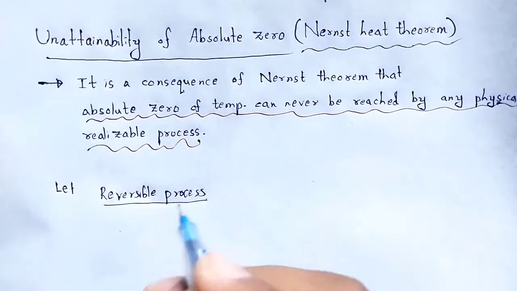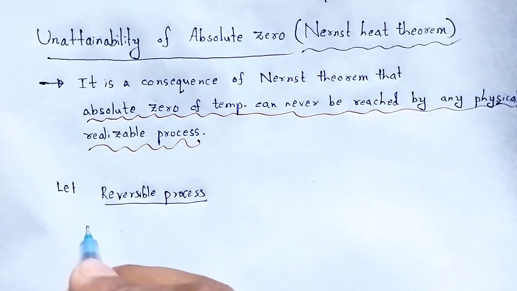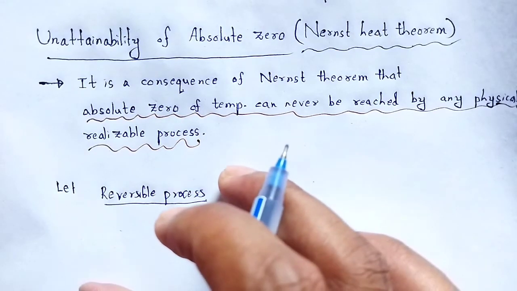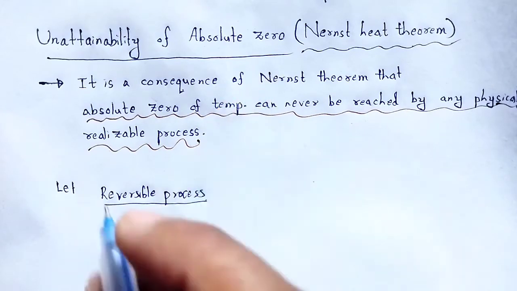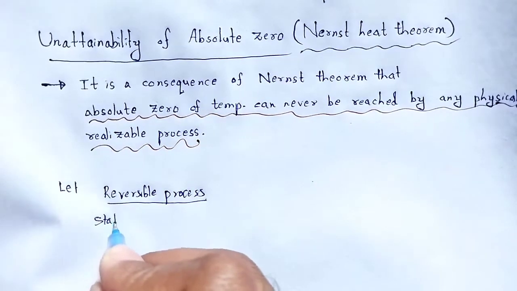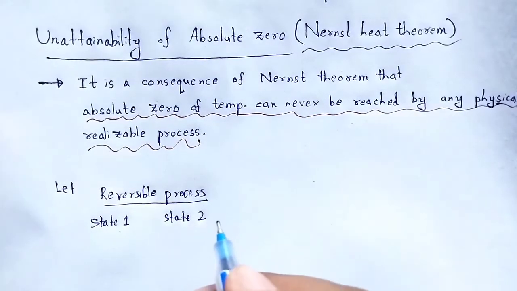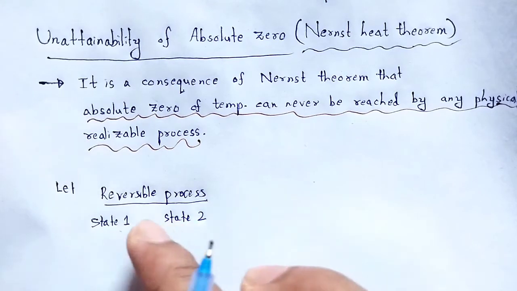Let a reversible process by which two states, one state 1 and another state 2, be used to achieve absolute zero.